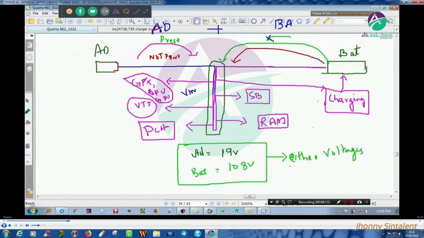Second, when the adapter is not present, battery voltage should come. This is scenario 1, this is scenario 2, and this is scenario 3. When adapter plus battery is present, what happens? The voltage present at the V in will be the adapter voltage, and the battery will go to the charging condition.